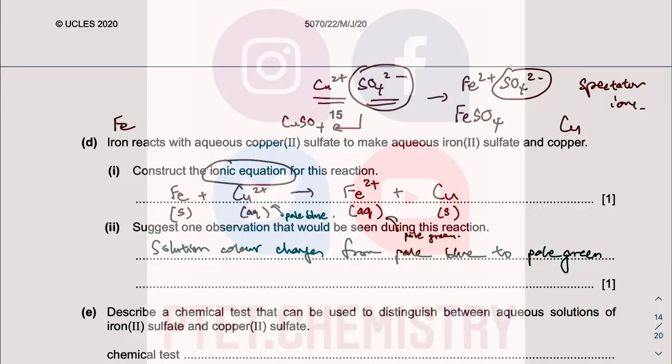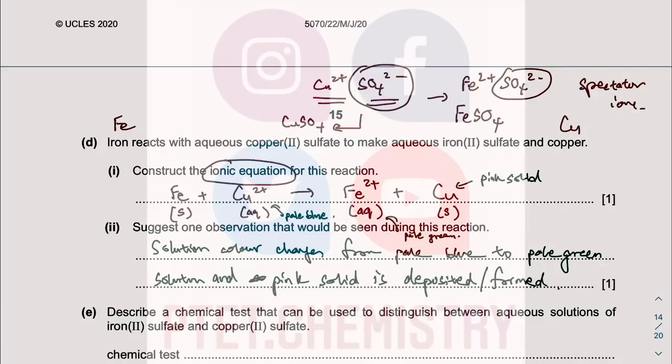This is in water. The pale green solution, and the color of the solid is actually pink. So copper looks a bit pink, and a pink solid is deposited, or you can say is formed or observed.